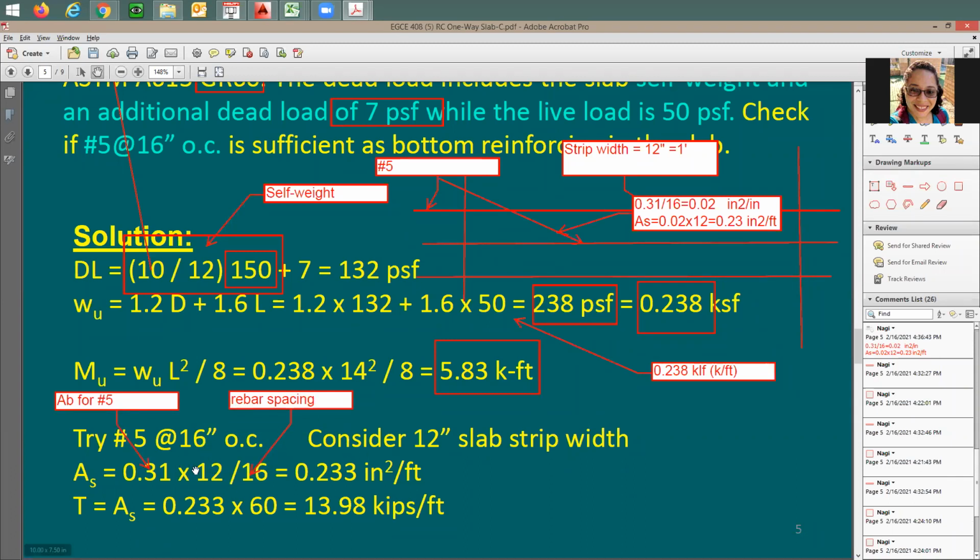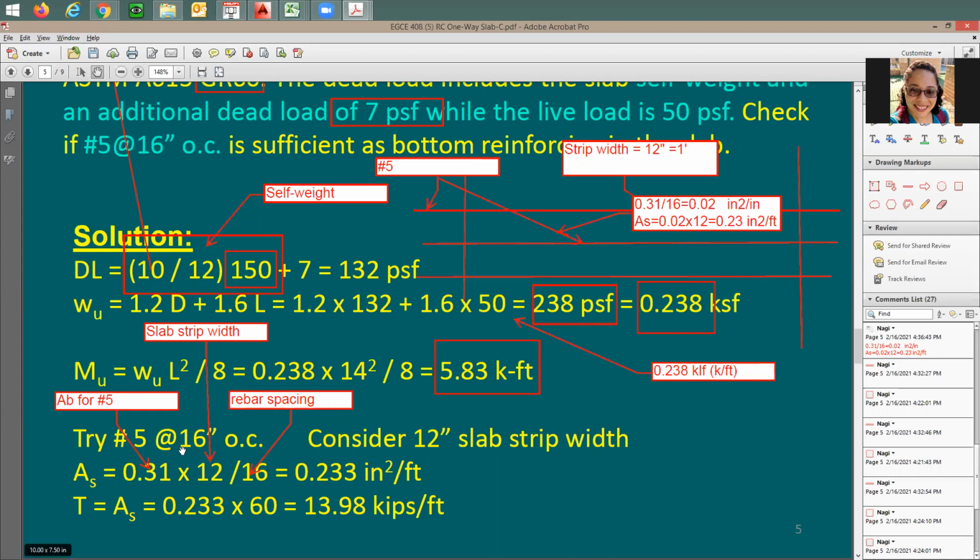This 12 inches is going to be the width of the strip. Now it makes sense. This is exactly the same calculation that I have done here. You just take the 0.31 cross-section area for one rebar, divide by 16, multiply by 12. But here it is more of understanding it physically. Here it is one of these common equations that people would just use.